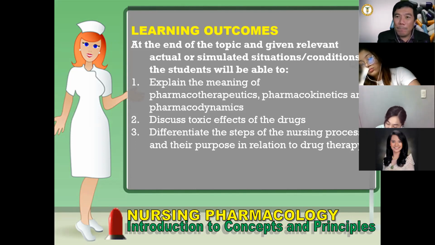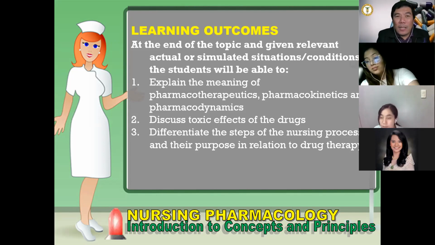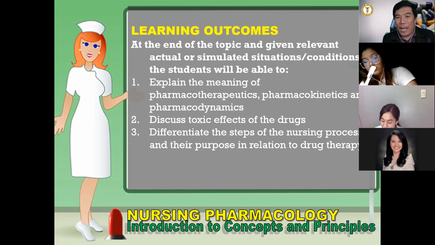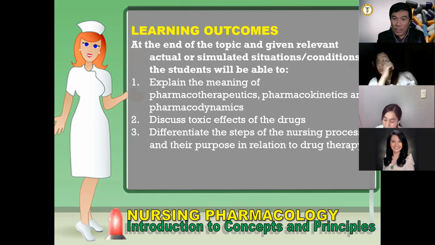And what made those drugs clustered with each other? Regardless of the generic name of the drug, all drugs ending in O-L-O-L are classified as beta blockers. Beta blockers. Let me explain what beta blockers are and we will try to relate it to the nursing process.